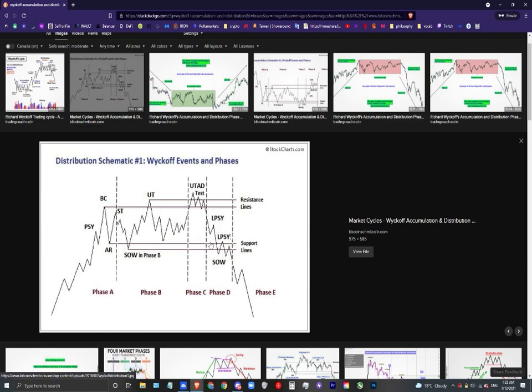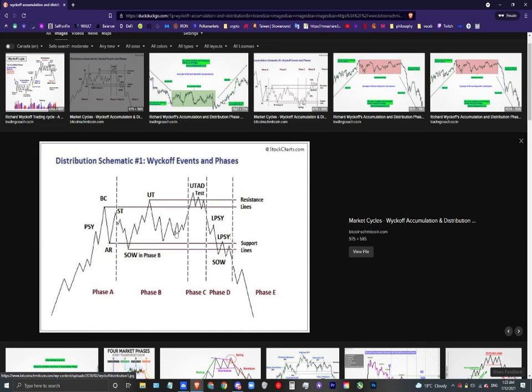This is just a general guideline. And unlike triangle patterns or all that kind of stuff, Wyckoff can be very flexible because there's no trend lines or anything. You've just got these different phases in Wyckoff and different price movements.